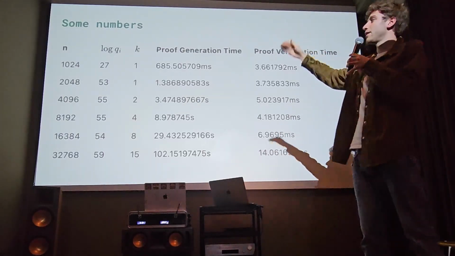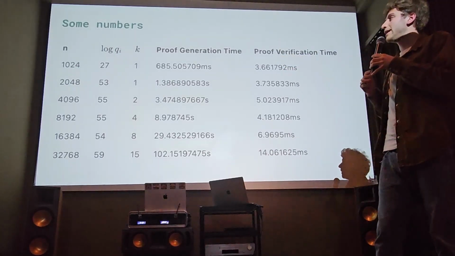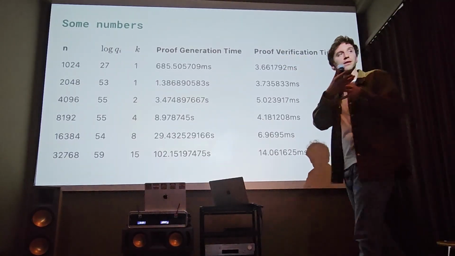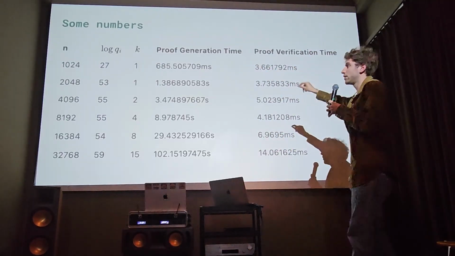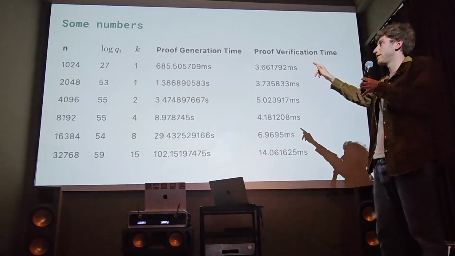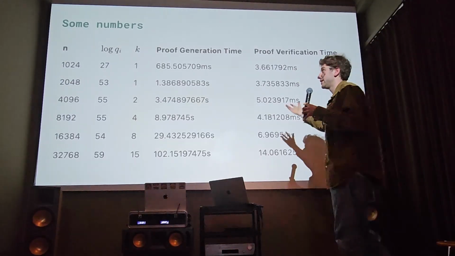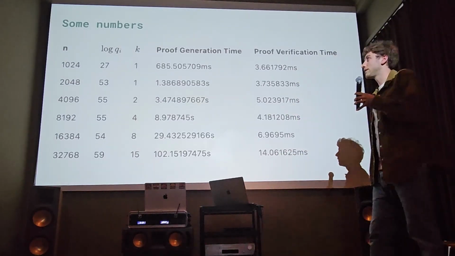For example, in the application that the Cursive team built, we are targeting the second line, the one where n is 2 to the power of 11. So you can see that the proof is still doable.